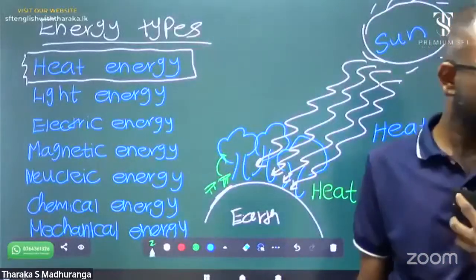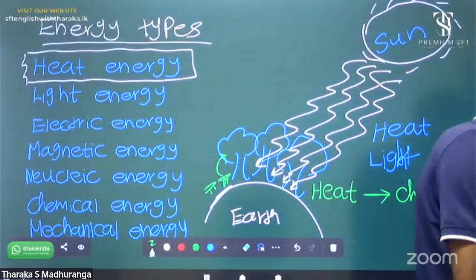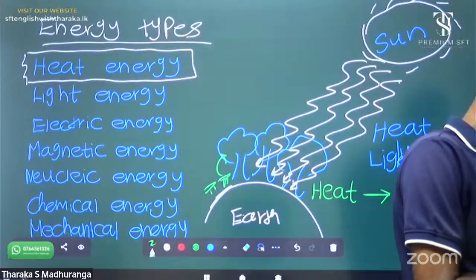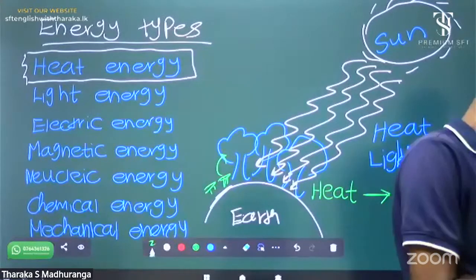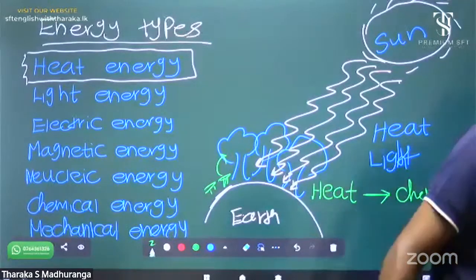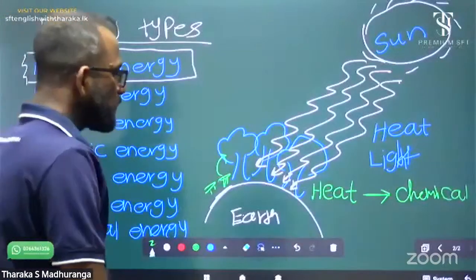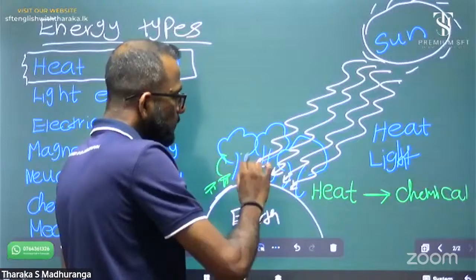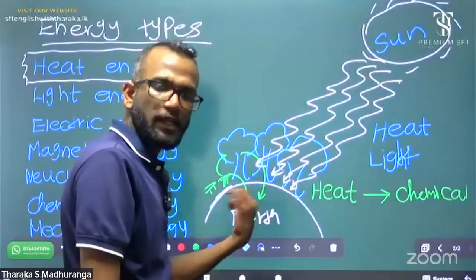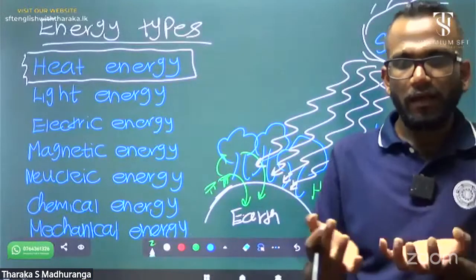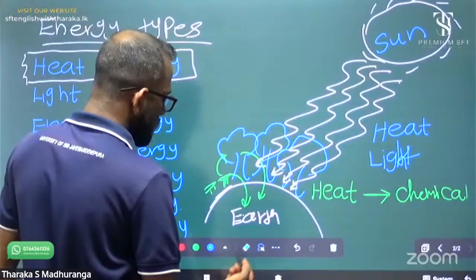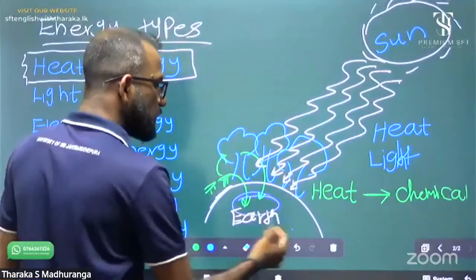Energy of the sun. Okay, finally, this dead plant material and dead animal material collect in the earth, enter the earth and collect.